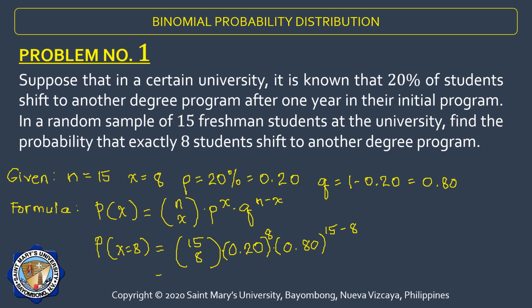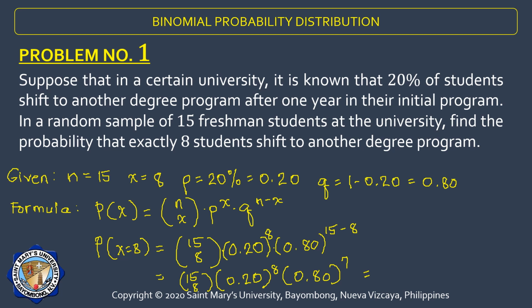So we have 15 combination of 8 times 0.20 raised to 8 times 0.80 raised to 7. So use your calculator to find the value of the expression.